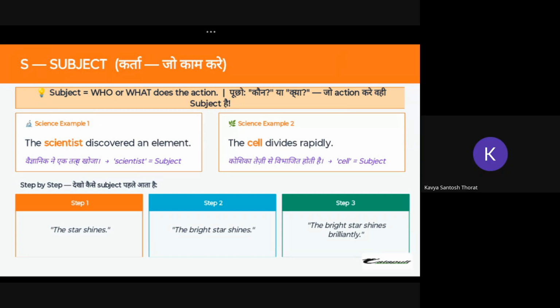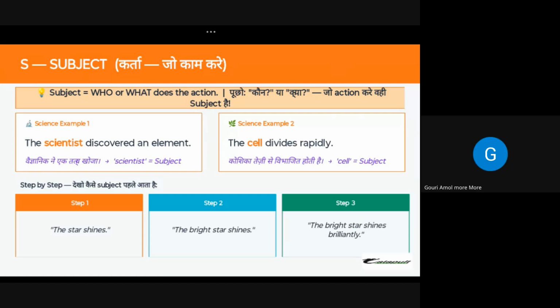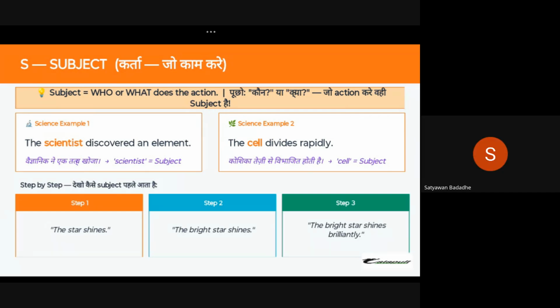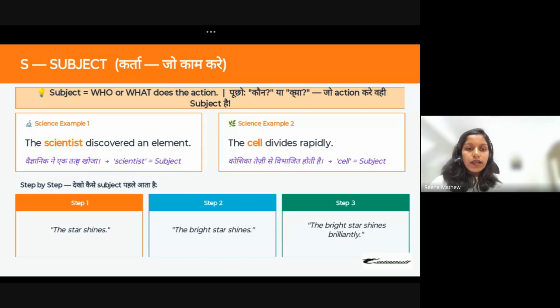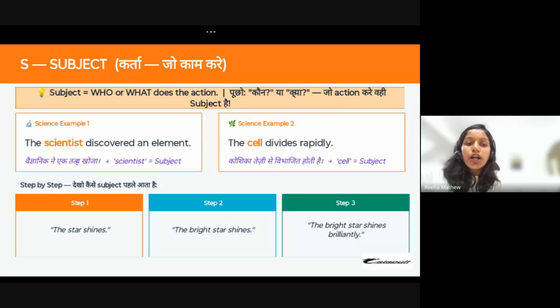That is the subject. The star shines. Okay, we'll move to the next element.